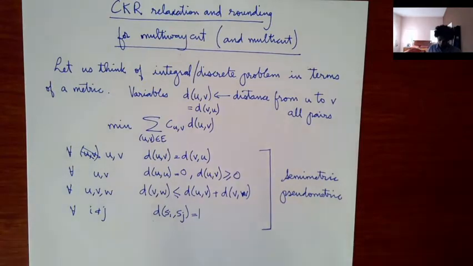So why is that? We could just say that every time an edge is cut, the distance between those two endpoints is 1. And for any edge that is not cut, think of putting a 0 there. And when you have connected components, the distance within connected components is 0, right?